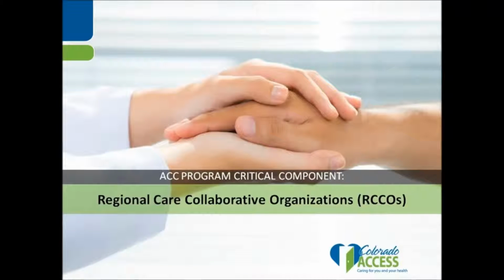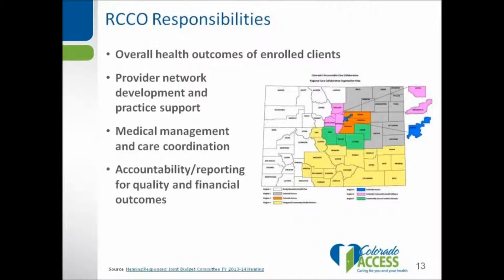Now we're going to cover the RCCOs, or the Regional Care Collaborative Organizations, under the Accountable Care Collaborative Program. The RCCO's responsibilities are to improve overall health outcomes of enrolled clients, or from a provider perspective, patients, and to provide network development and practice support.